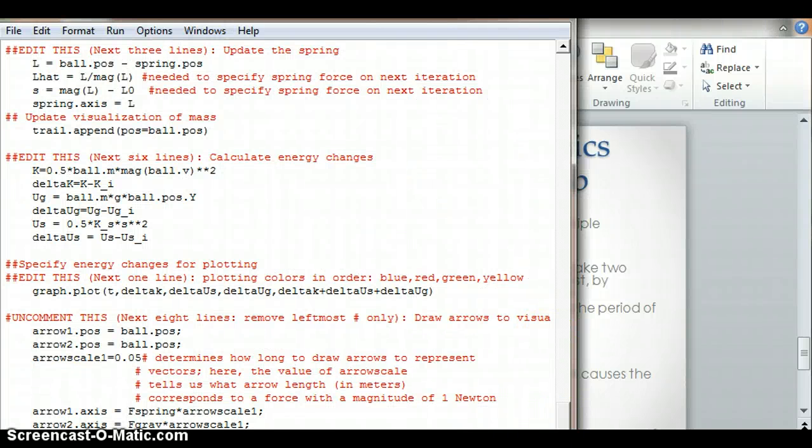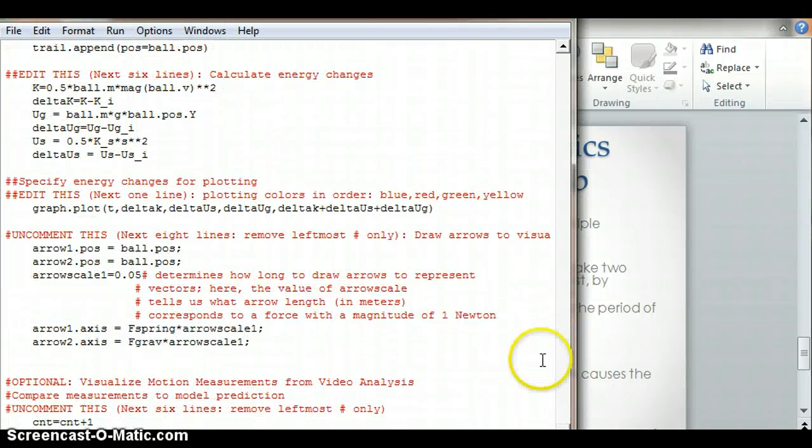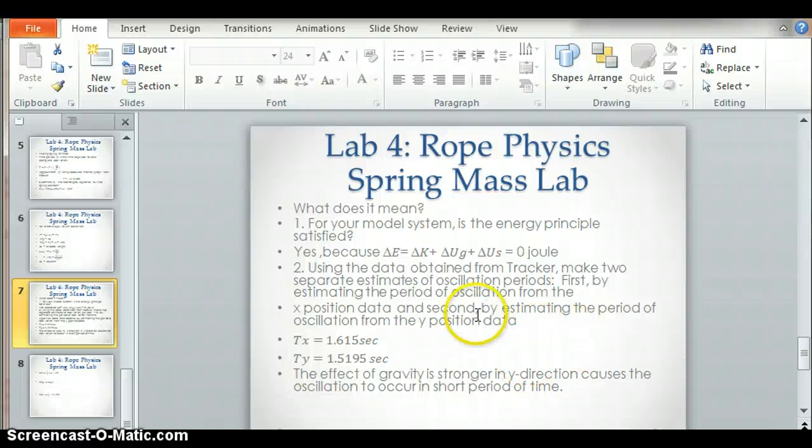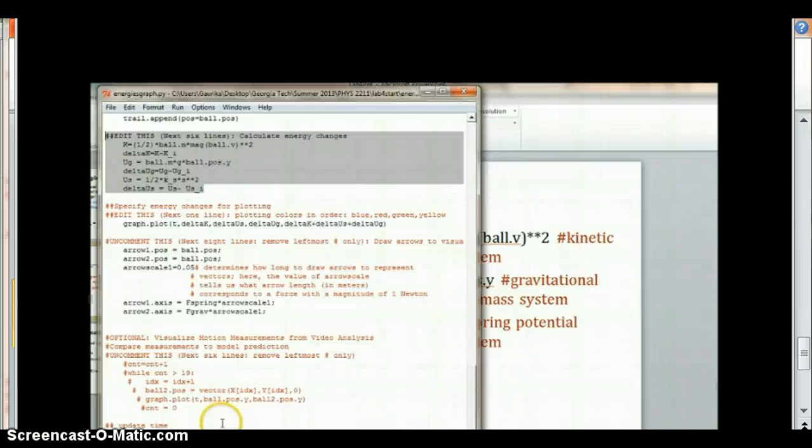Now by using Python, we show the total energy is equal to the sum of the kinetic energy plus gravitational potential energy plus spring potential energy.